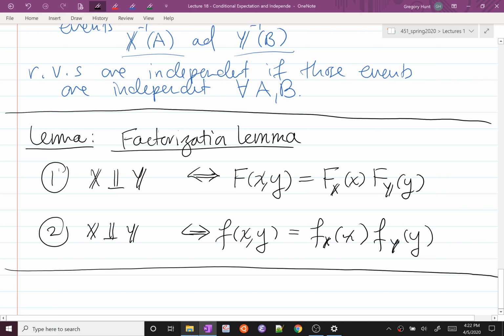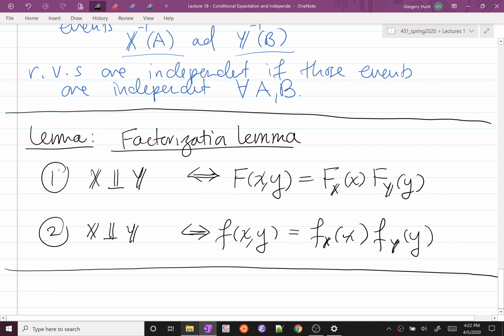So if I have independent random variables, then if I condition y on x, that doesn't change anything. That's just the marginal of y. Or if I condition x on y, that's just the marginal of x. So we saw very similar facts for events, and similar rules hold for random variables also.